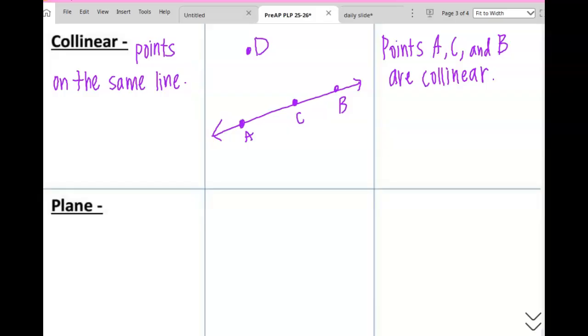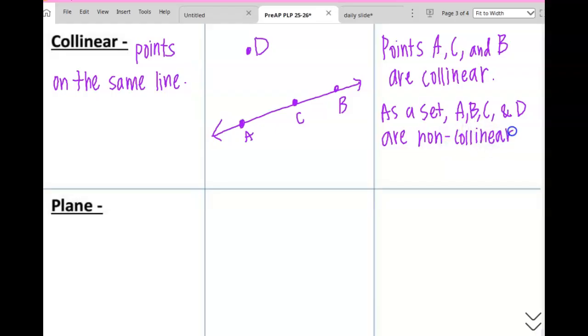So now as a set, there's 4 points in the picture, right? Are they all collinear? No, together they're not. So as a set, you have to say that first. As a set, A, B, C, and D are, what's the word? The opposite, non-collinear.